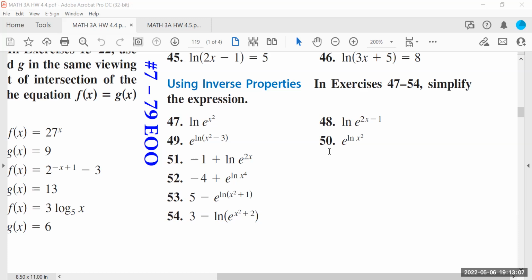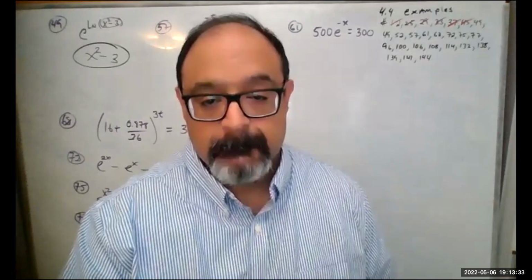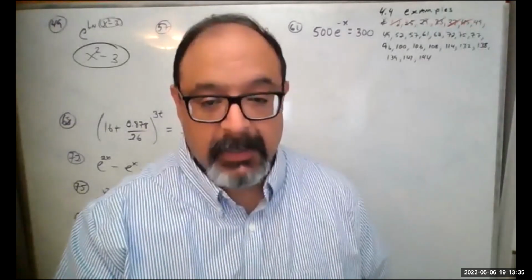On 57, 61, 68, 72, 75, and 77, we're going to solve. And in addition, they want you to round your answer to 3 decimal places. Round to 3 decimal places.